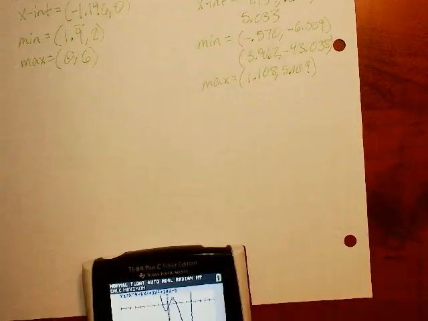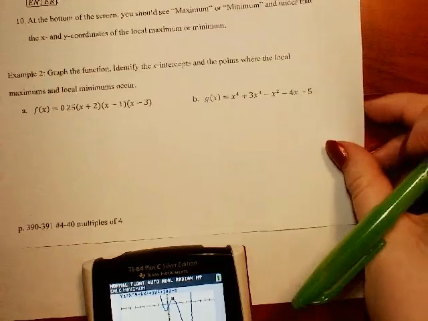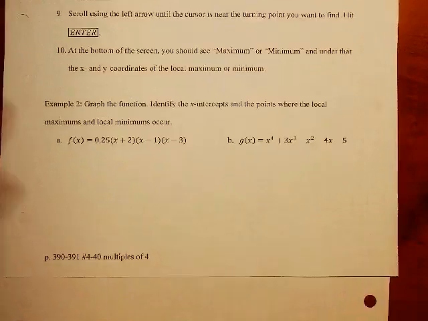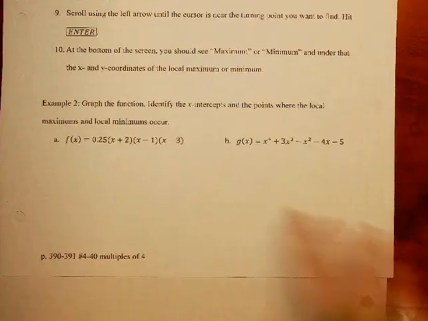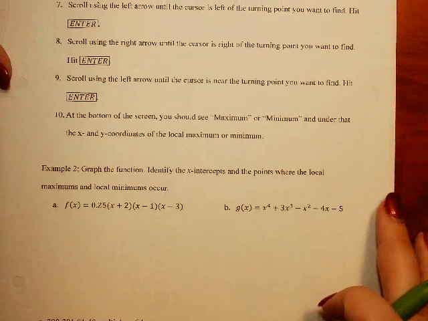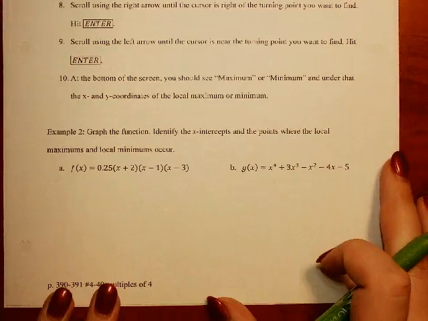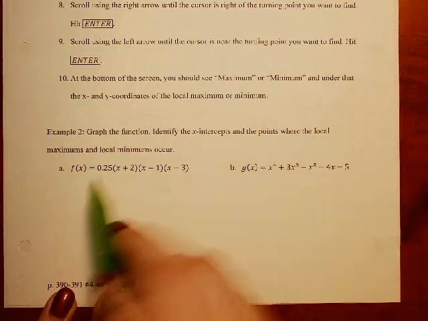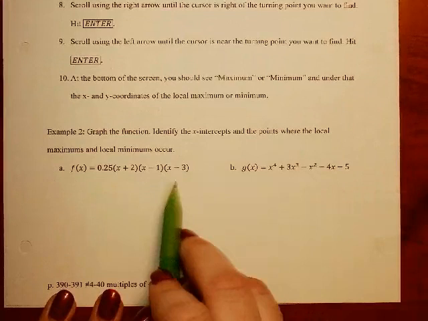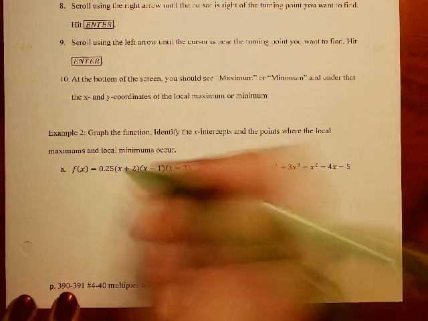So now for example 2, we are given our graphs a little bit different. So this one, we can identify the x-intercepts right away because it's already in intercept form.